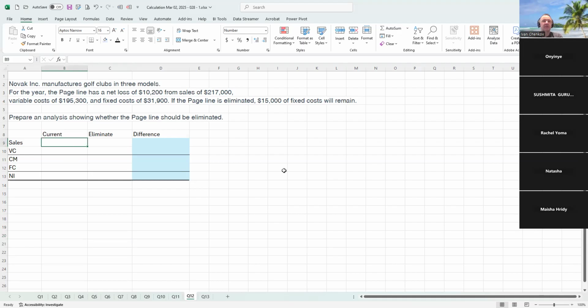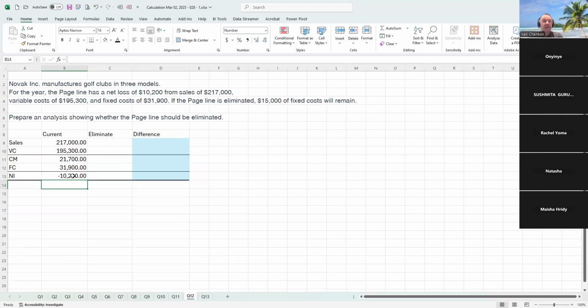Variable cost is 195,300. So the contribution margin is this one minus that one. Fixed cost is 31,900. Where's my income? Negative 10,200, as they're saying, right?